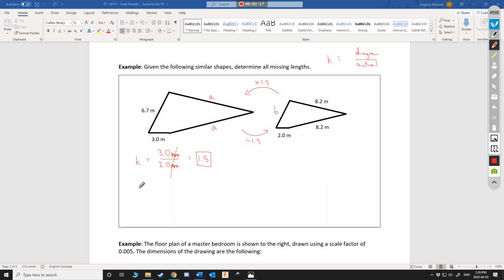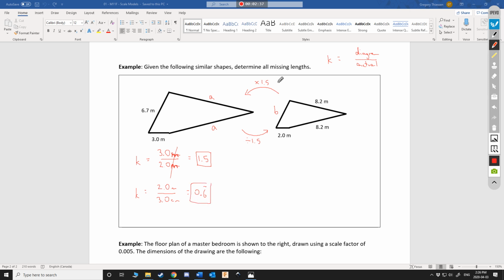Now, if you did the opposite, if you took K as 2.0 over 3.0, we could still solve it. 2 divided by 3 gives us 0.6 repeating. So technically, both these scale factors are correct.